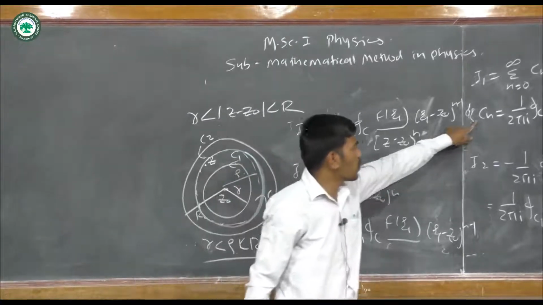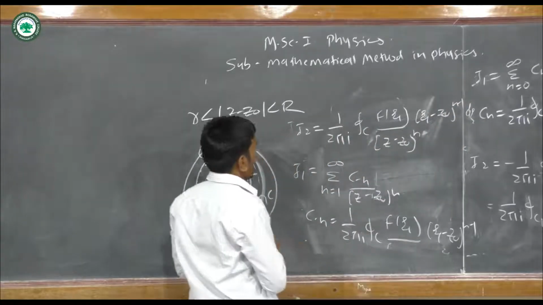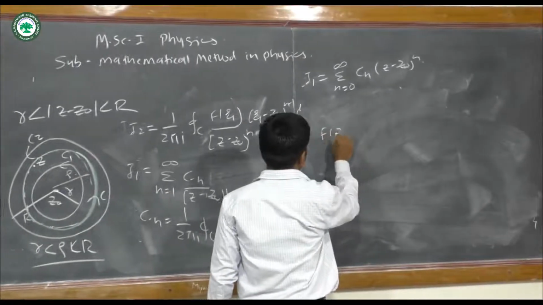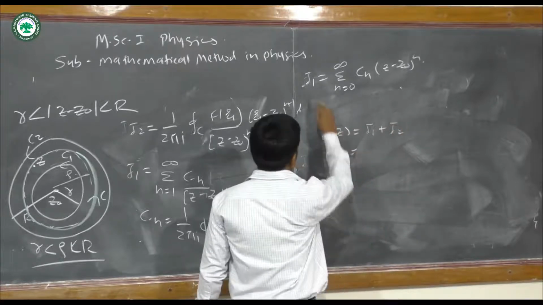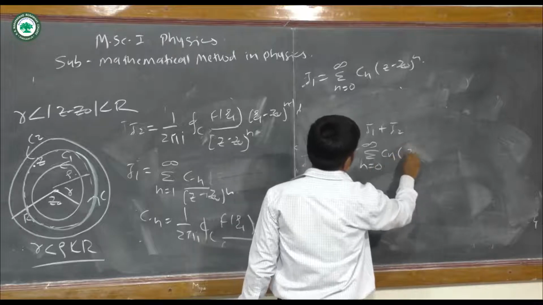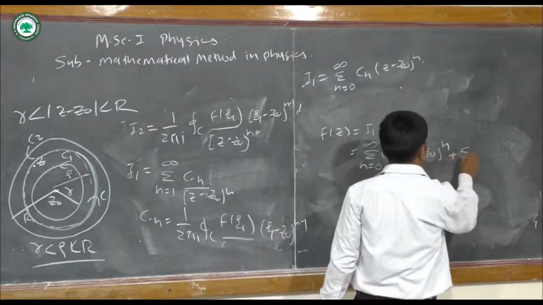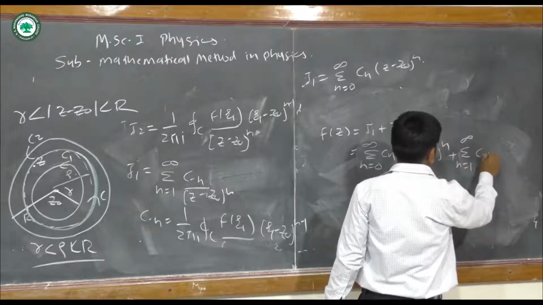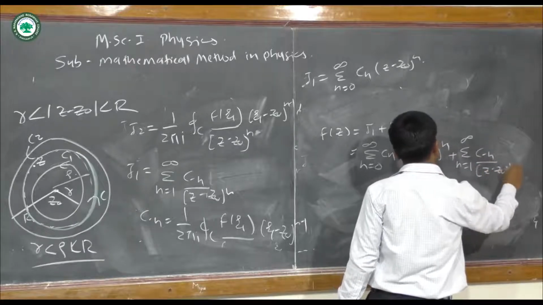Now if I add these two, I1 and I2, f of z is equal to I1 plus I2, so this becomes summation over n is equal to 0 to infinity of c_n (z minus z naught) to the power n, plus summation over n is equal to 1 to infinity of c minus n (z minus z naught) to the power minus n.